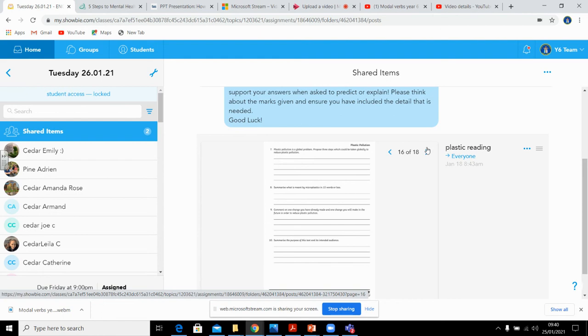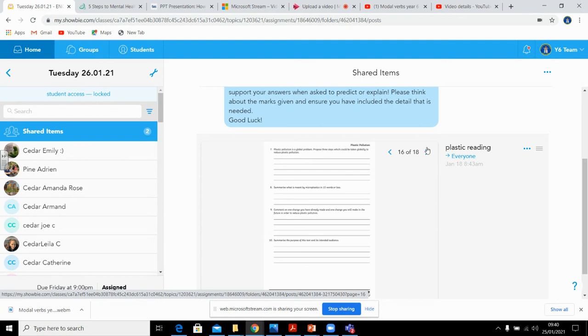You're giving a little bit of an overview of what the text is about or what the paragraph might be about. And then question 9 says 'comment on one change you have already made and one change you will make in order to reduce plastic pollution.' That's asking for a change that you've made and a change that you will make. So think about that very carefully.